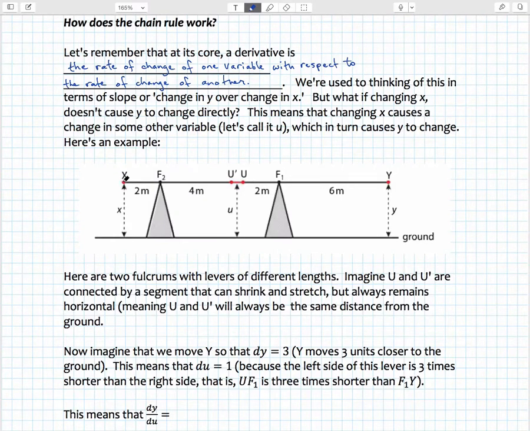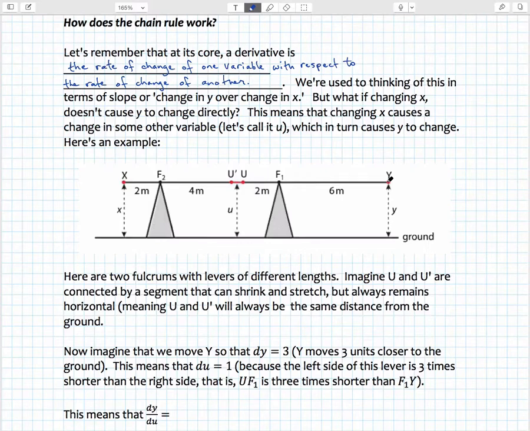We've got this point x, which is at the left end point of the lever on fulcrum 2, and we're going to define our variable x right here to be the height of that end point of the lever above the ground. And then if we go all the way to the other end, here we've got point y, which is at the end point of the lever on fulcrum 1. And we're going to define our y variable to be the height of the end of that lever above the ground.